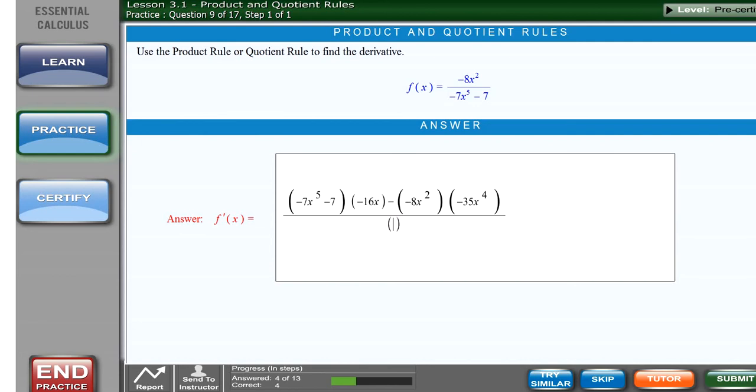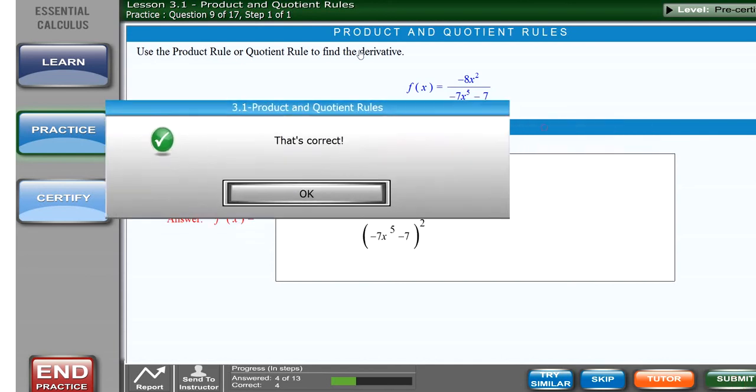So again, the whole denominator put in parentheses. Do not simplify. Just apply the rule. Stop right there. There we go. That's correct.